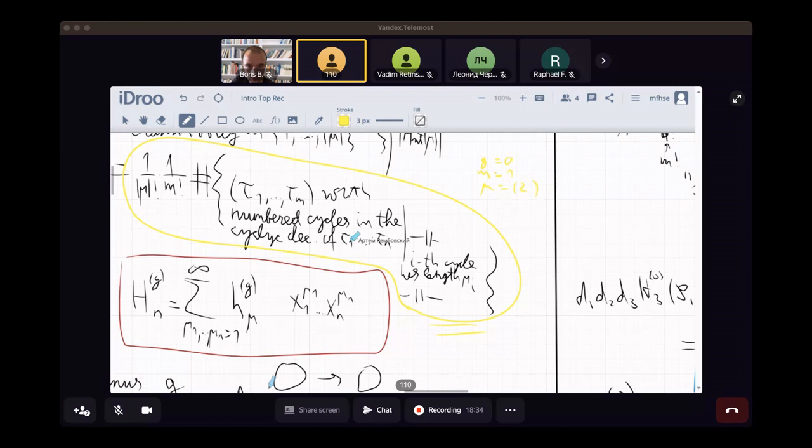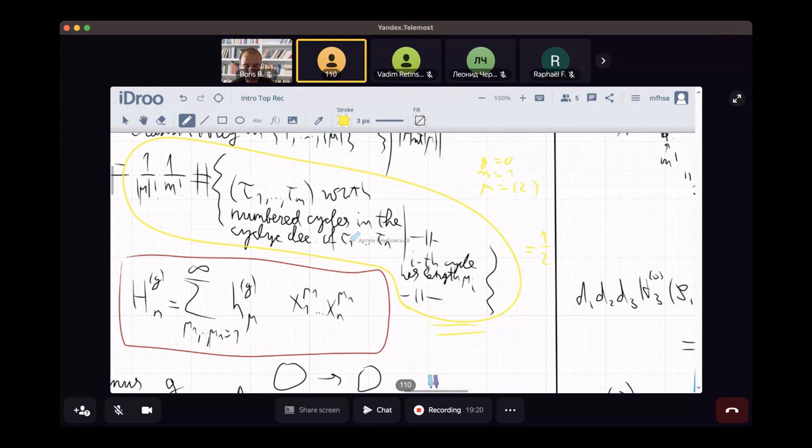What is this number? 1. In this case, yes, we only have S2, so there is exactly one transposition there, and exactly one way to represent this transposition as a product of one transposition. And we have this combinatorial factor, 1 over m factorial, 1 over size of mu factorial. This does not play a role here, but this guy does. So in this example, it's 1.